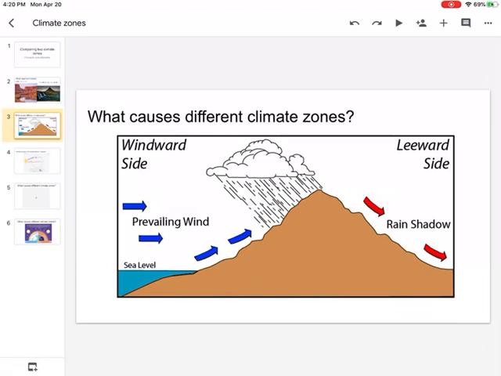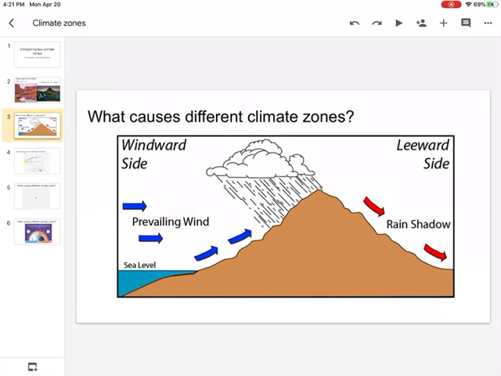So we see in this picture, there's a sea. It says sea level. And so the water evaporates and goes into the sky. But the mountain blocks the clouds from going any further.